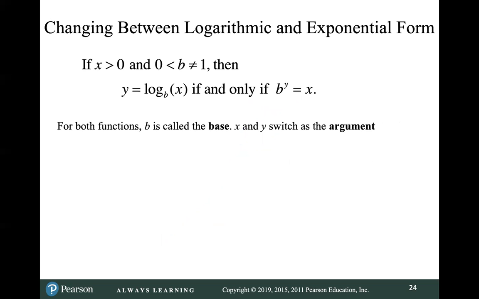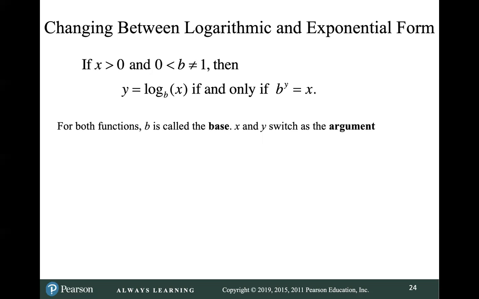So we can switch between logarithmic and exponential form. Now, there are a couple conditions that we have for this. If x is greater than 0, so the argument has to be positive because remember, we can never have a negative output to an exponential function unless there's some sort of reflection going on, okay?